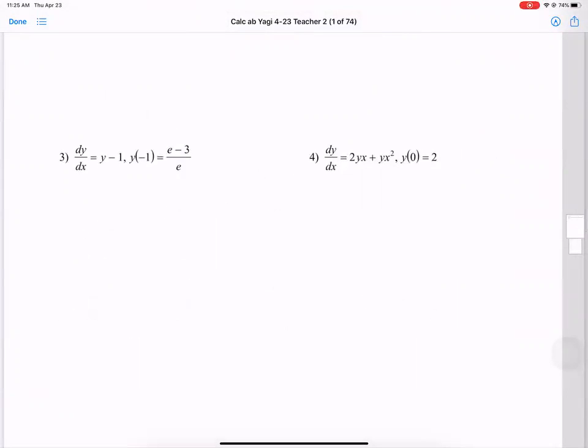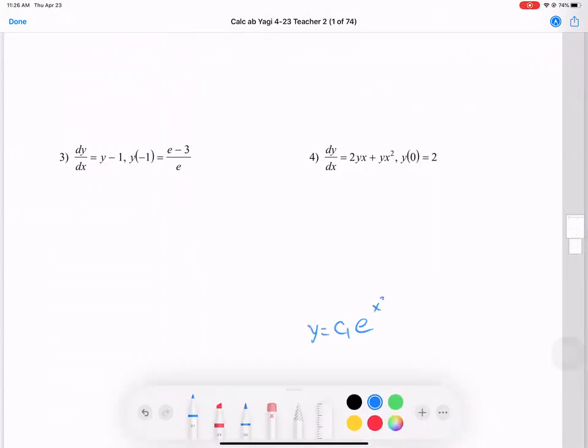We were at the point where it said y is equal to c1 e to the x cubed over 3 plus 2x. Okay, we're at that point there. We're going to plug in 0, 2, where that's my x and my y value. I got that from here.